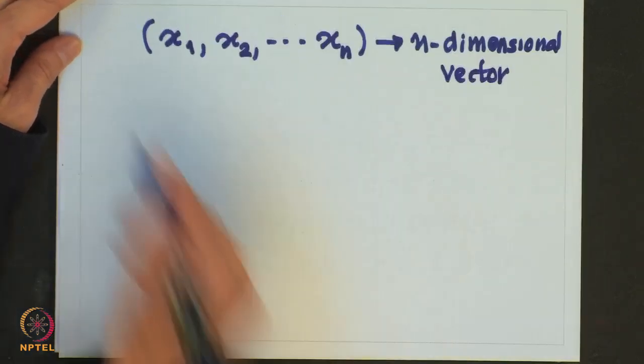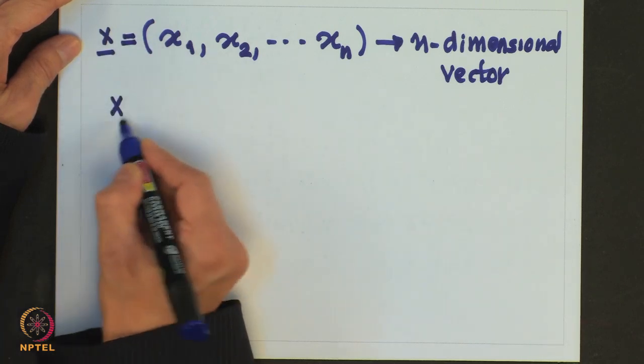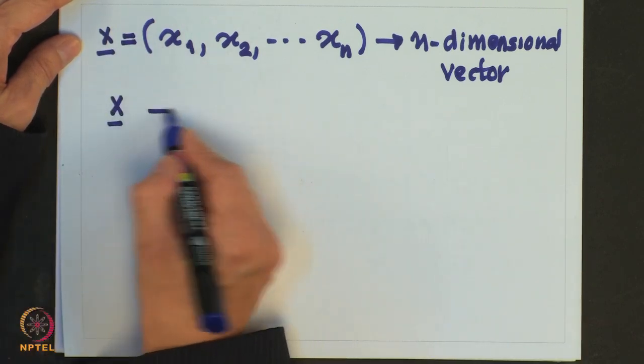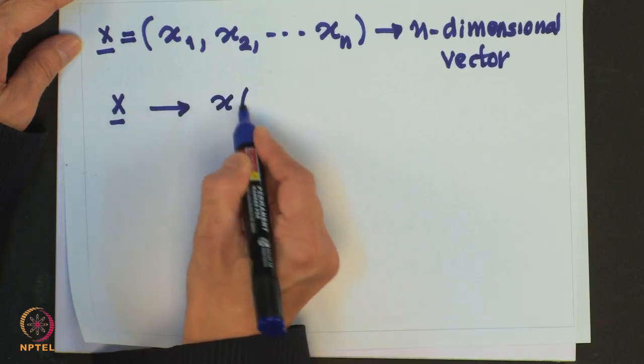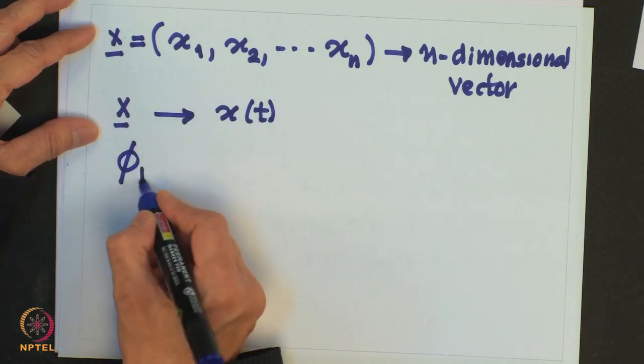So, I can associate a vector x with the signal x(t).